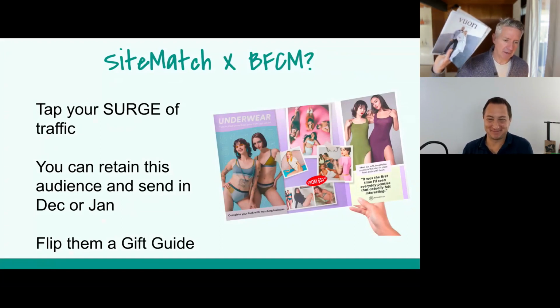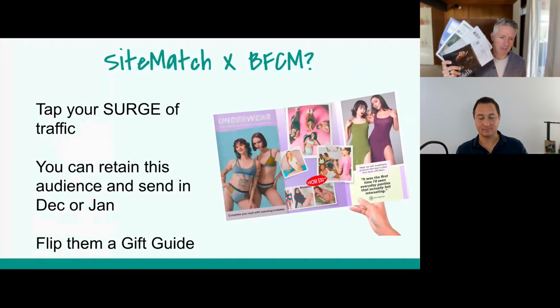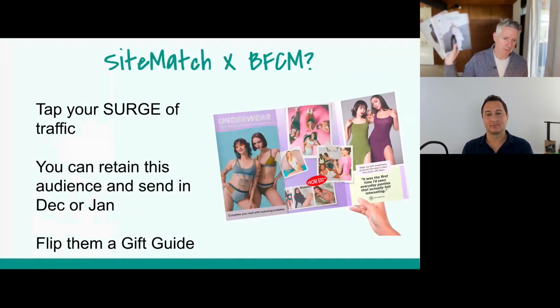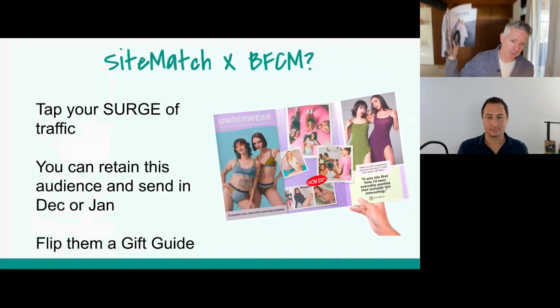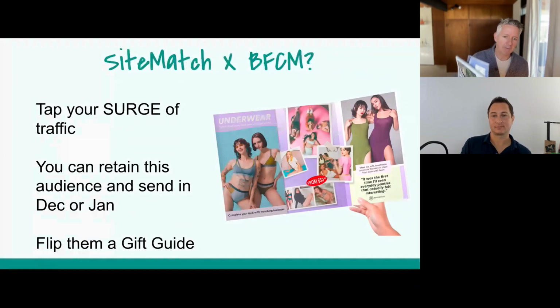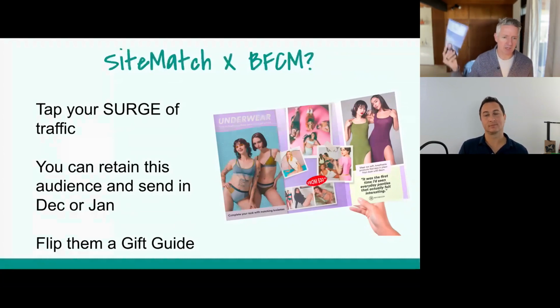These guys are buying prospecting audiences from a data provider, and they're sending the catalog. Well, what do you think is a better audience? The retargeting audience off your own site, off Viore's site, or whatever audience they bought to get my name?